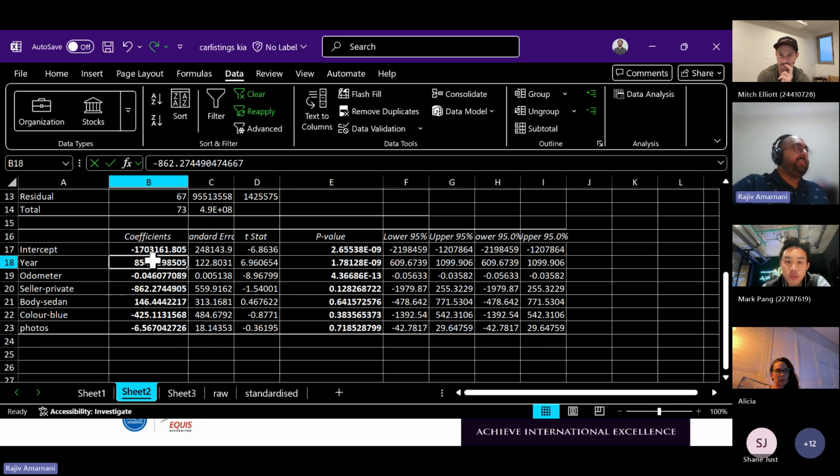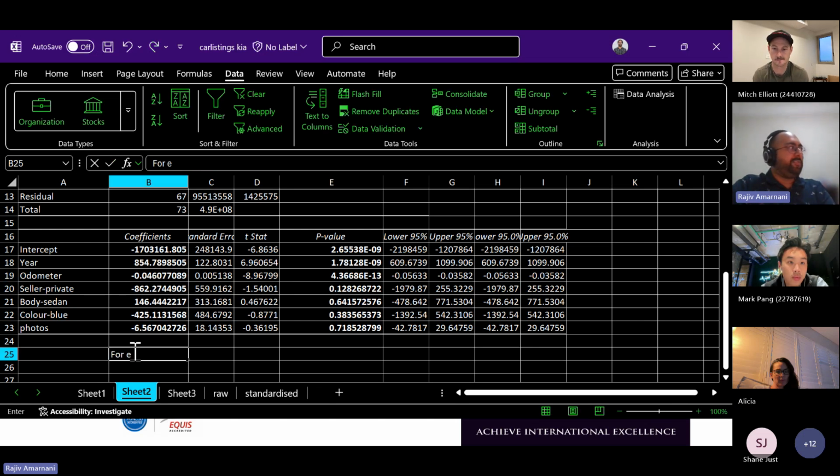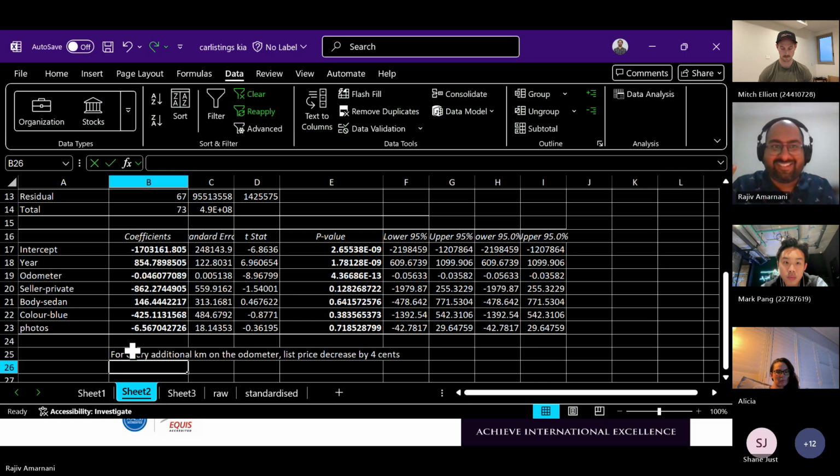Now we get to these factors that are predictors. We have on the odometer a coefficient of minus 0.046, and that is statistically significant. What does that mean? That means for every additional km on the odometer, list price decreases by 4 cents, right?